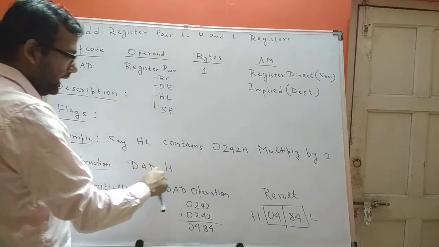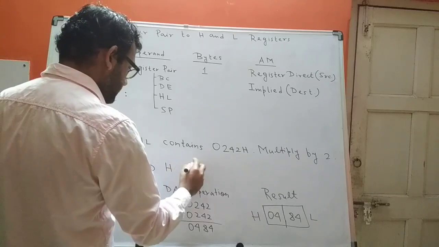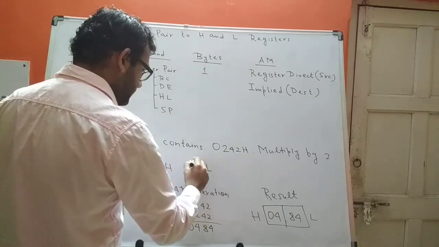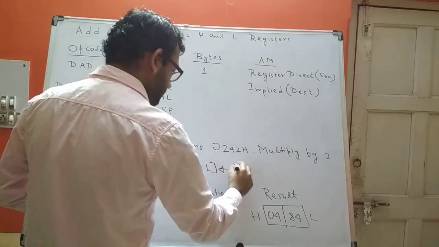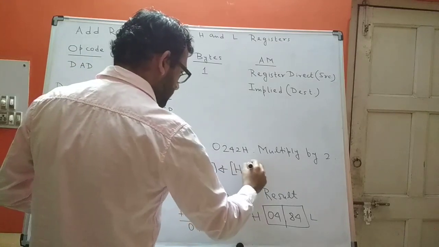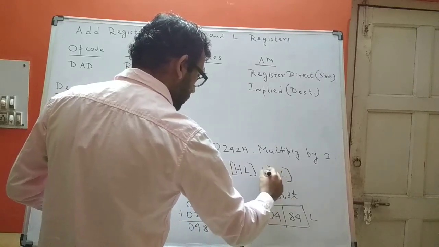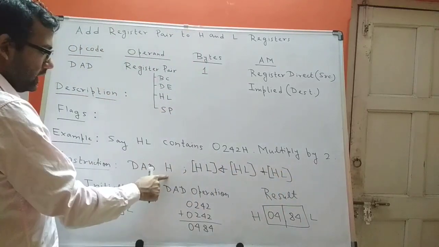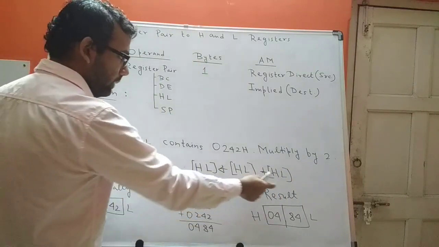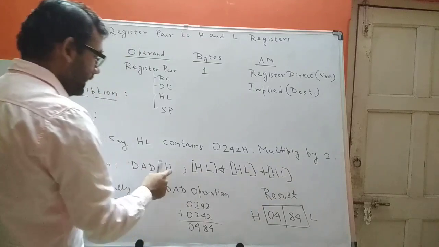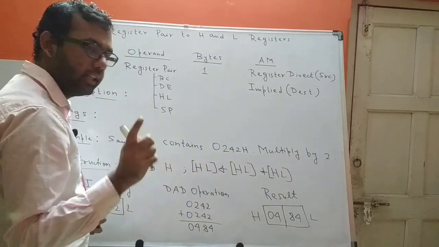The instruction will be DAD H. DAD H implies that in your HL register pair, you will be storing the sum of HL and HL. H here represents the register pair HL. So I'm taking the register pair HL and the other operand is assumed to be HL itself.